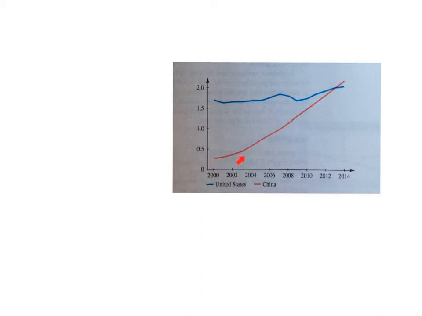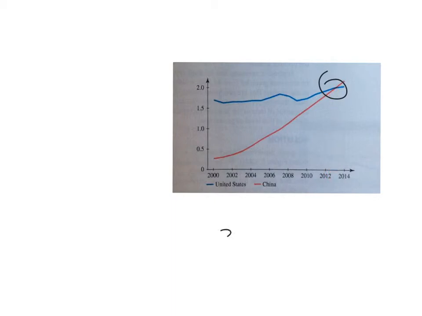Okay, so this is China's equation, the picture of their equation, and this is the United States. And the key part that we're going to be looking at is this right here, that intersection point. Okay, so for the red line, we are over at about year 2013, and we go up about 2.